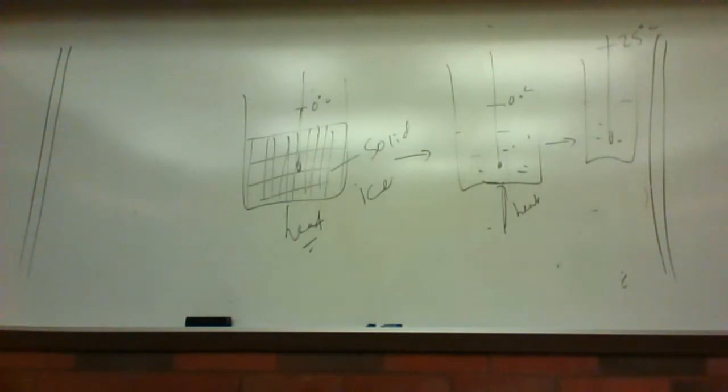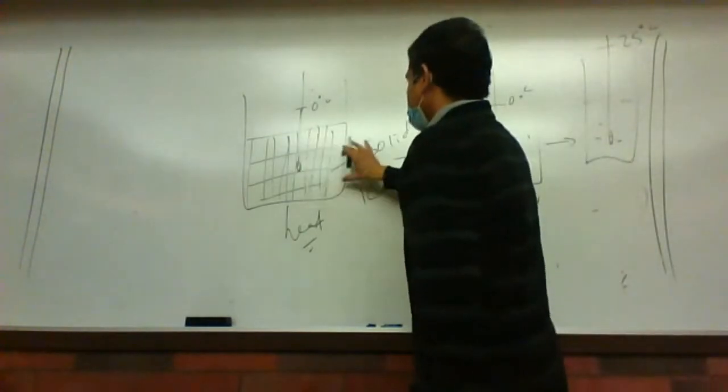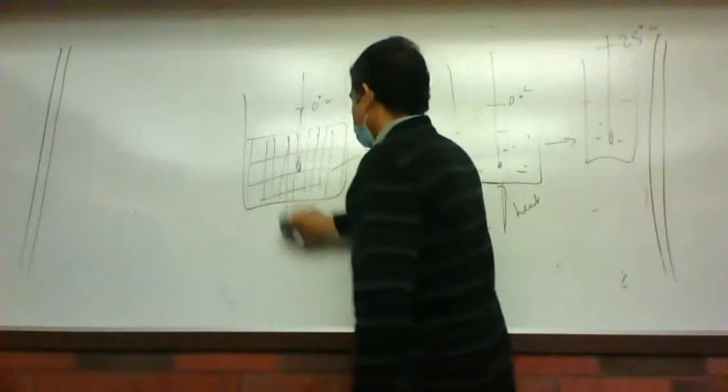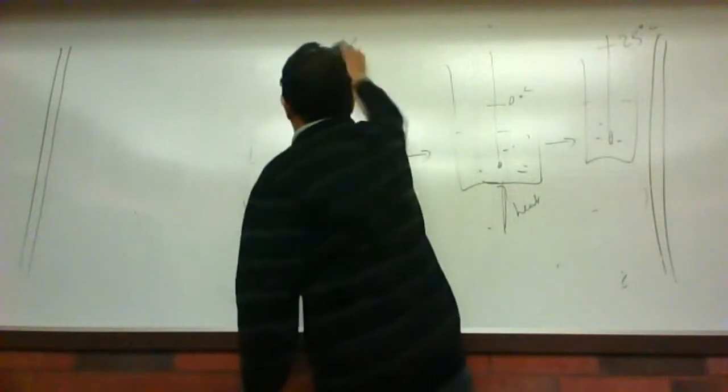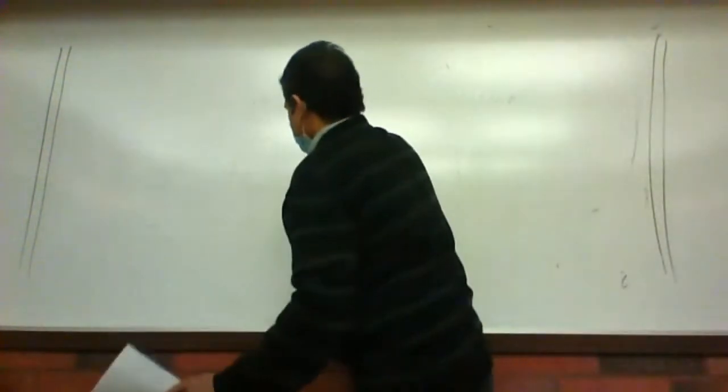Where does the heat you supply go? The heat you supply goes to melt the ice, to break the bonds of the ice. So as long as the phase is the same, the temperature on the thermometer does not go up. Does not change.